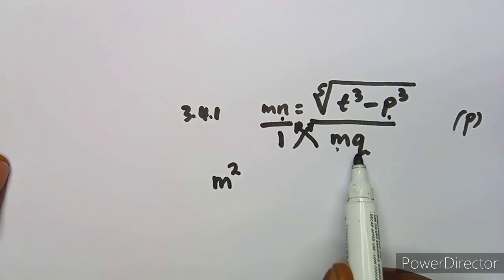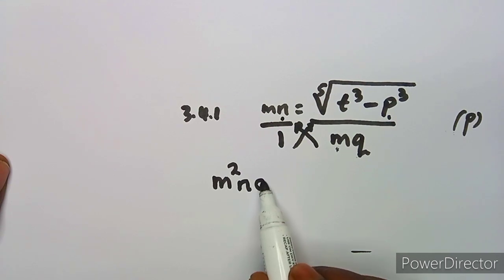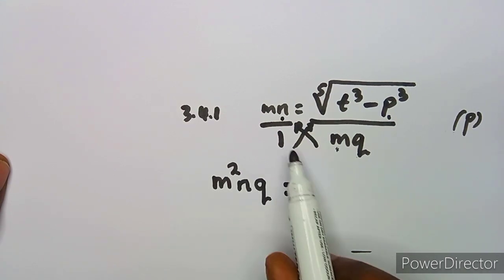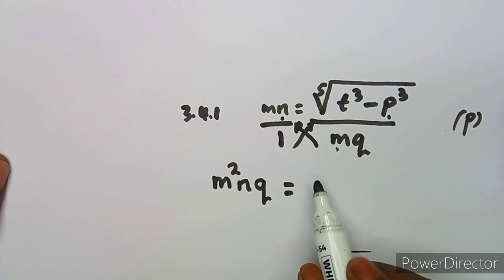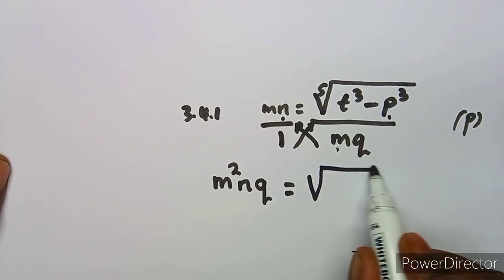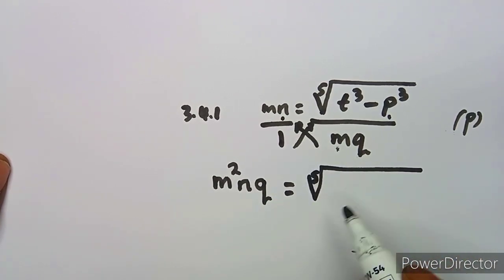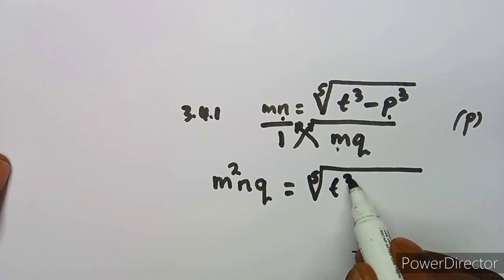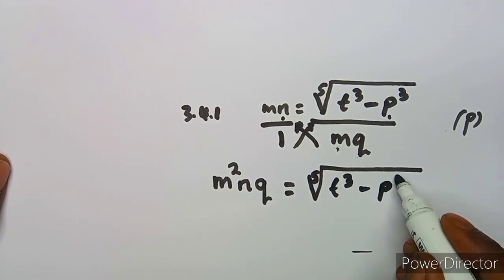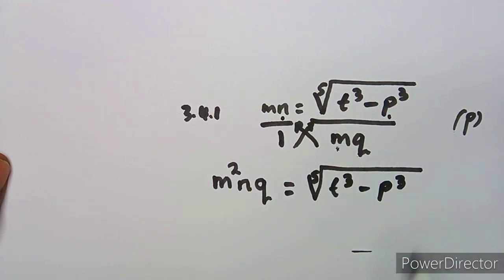We've got n and q, so it's going to be nq, which is equal to 1 times the 5th root of everything there, t to the exponent of 3 minus p to the exponent of 3. So this is actually the 5th root that we are given.